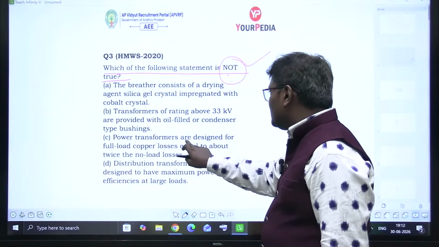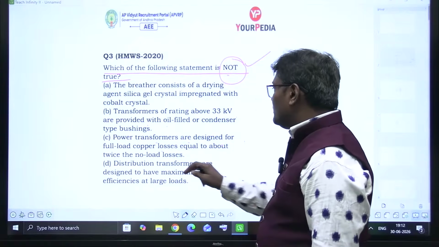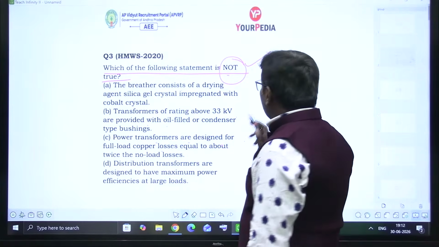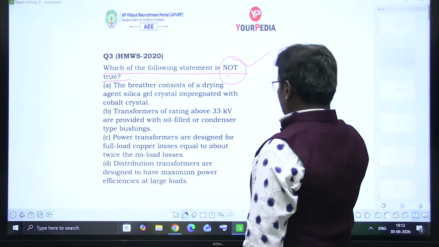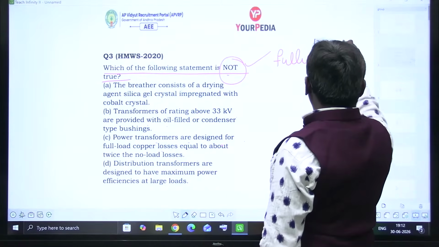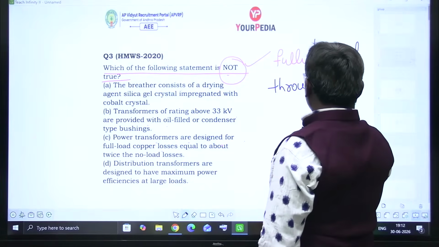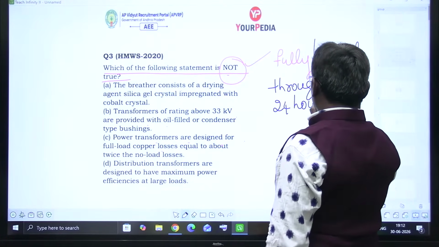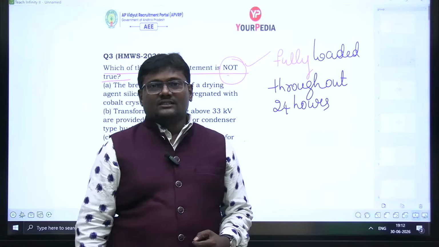Power transformers are designed for full load copper losses equal to about twice the no load losses. See, if you take power transformers, they are fully loaded throughout 24 hours, sir. Fully loaded and throughout 24 hours.